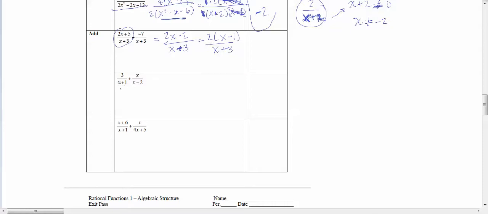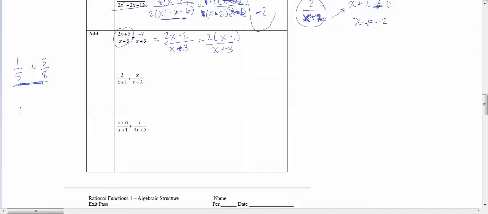Now, for this second one, with x plus 1 times x minus 2, the denominators are just not the same. So what is the common denominator? It's like the same thing we did with 1 over 5 plus 3 over 8 or something like that. I forgot, it was up there somewhere. There aren't really any common factors between them.